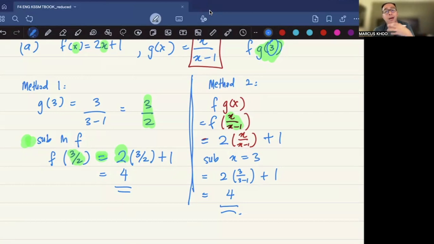Personally, I prefer that you do the second method as opposed to the first, because the second method forces you to practice doing composite functions, substituting the object into the function. I think that's better, but it's actually up to you. Either way is fine because you need to know either way anyway.